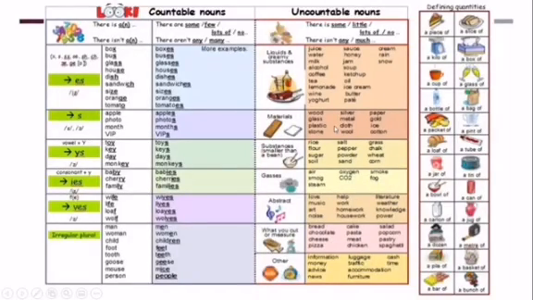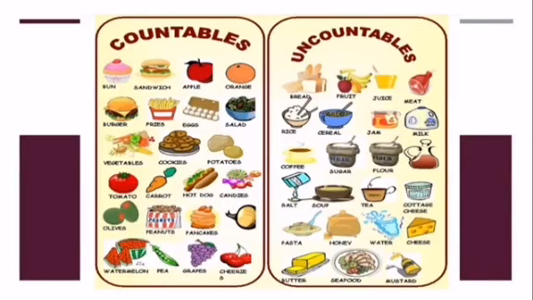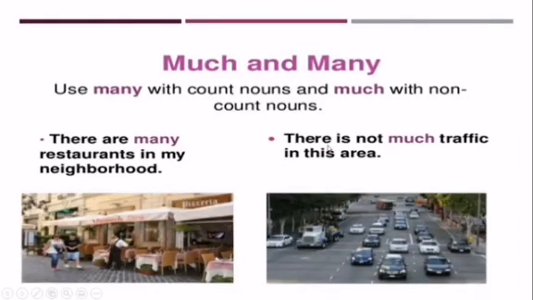Okay, now here we have more vocabulary talking about food, countable and uncountables. Let's talk about now much and many. Use many with count nouns and much with not count nouns, as I was telling you before. For example, there are many restaurants.